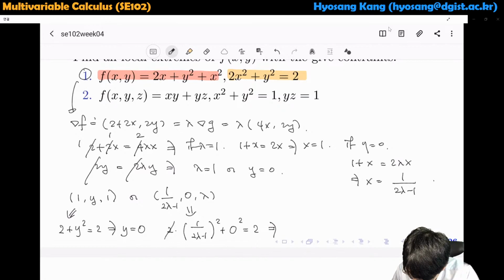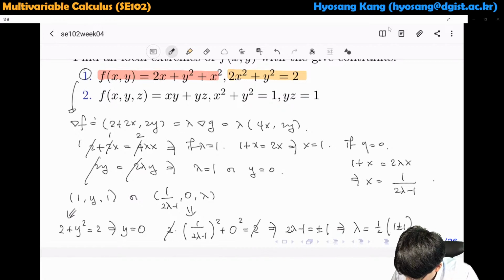So this 2 cancels out, and we have 2 lambda minus 1 must equal plus or minus 1. So lambda is 1 over 2 times 1 plus or minus 1, so it's either 1 or 0, right?